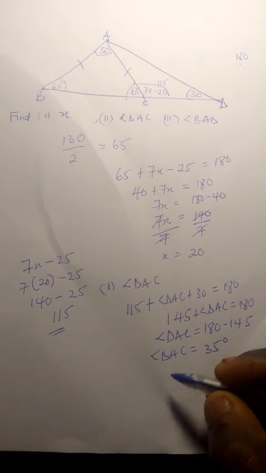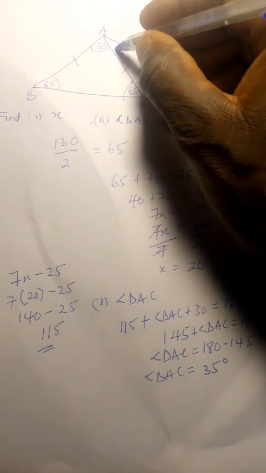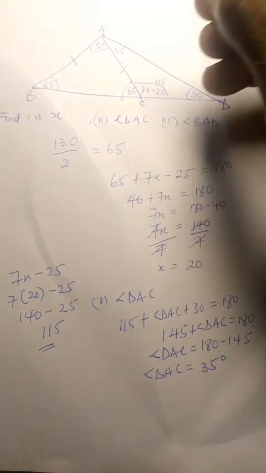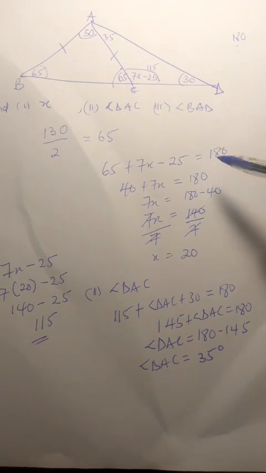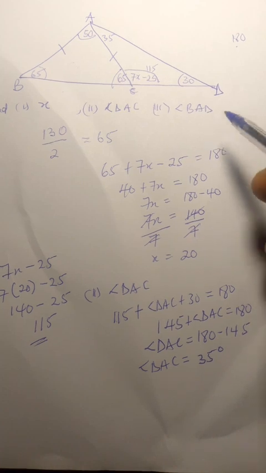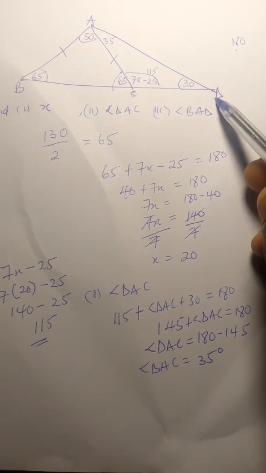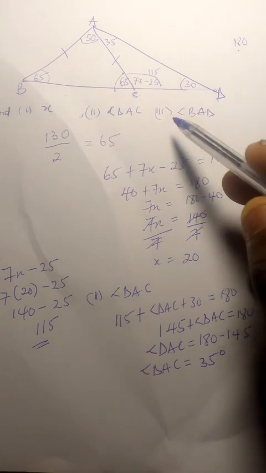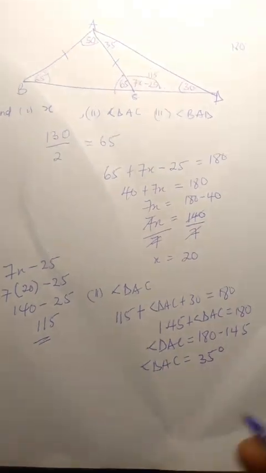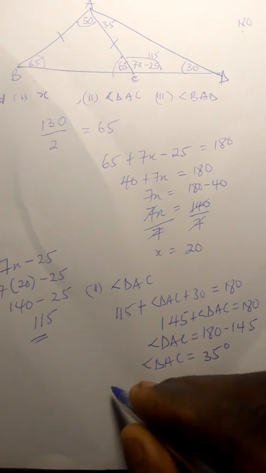Now we want B, so here is 35. Now we want the angle. It says angle BAD. Where is it? BAD. That's the whole angle here. That's very simple. Angle BAD is the two angles here.